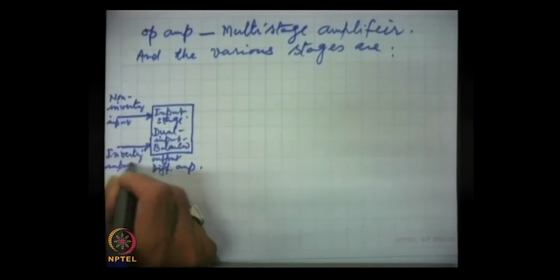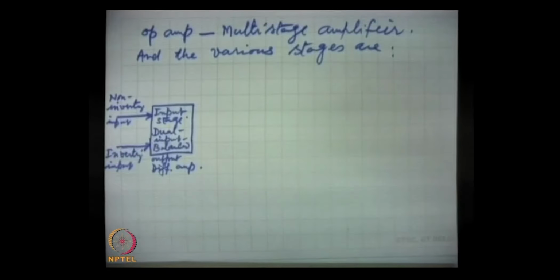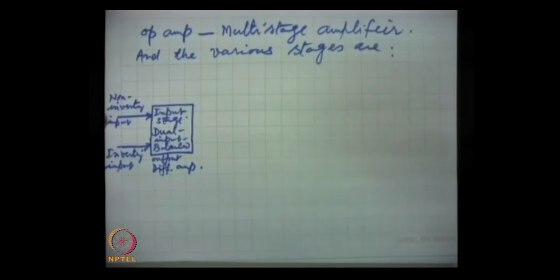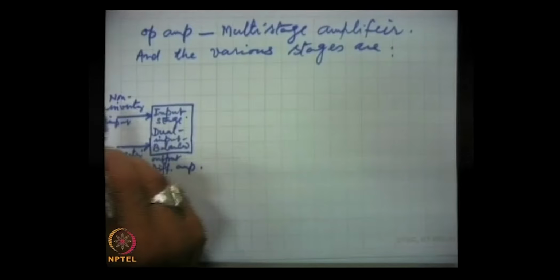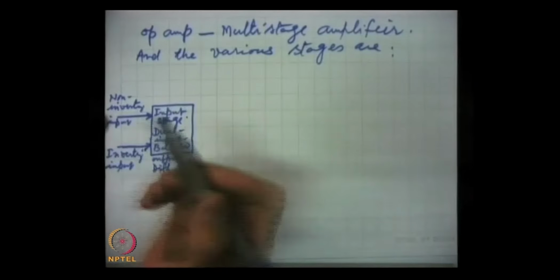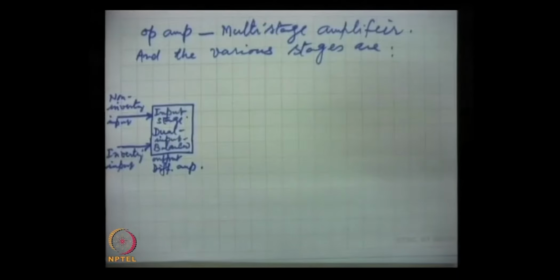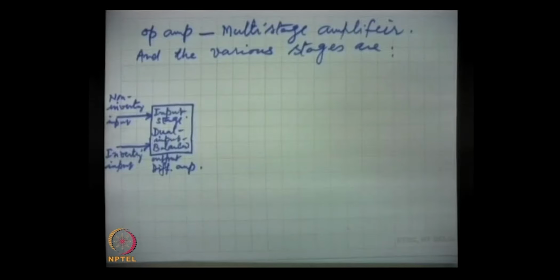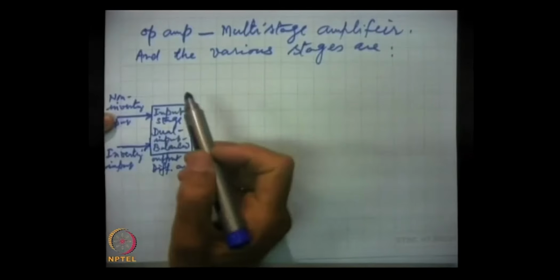We have talked in great detail about this being non-inverting. That means when we give any signal, then without changing its polarity, the output of this amplifier will be there. If it is a DC signal, if we give positive here because it is a non-inverting input, at the output it will be positive.